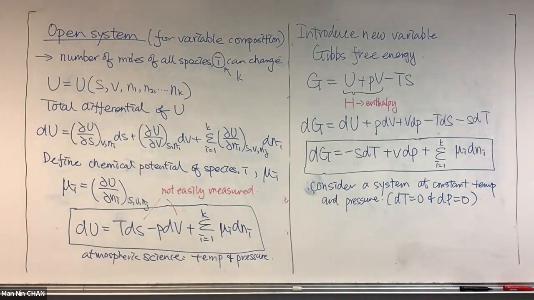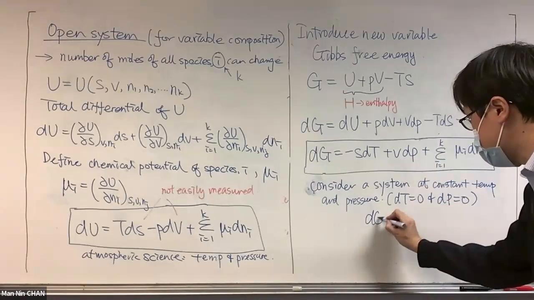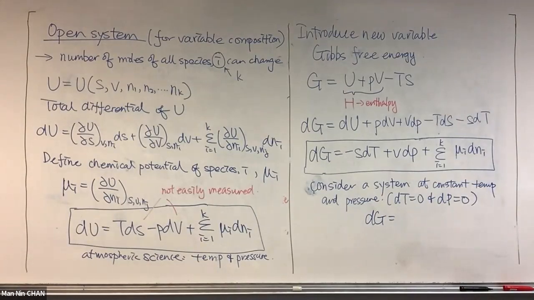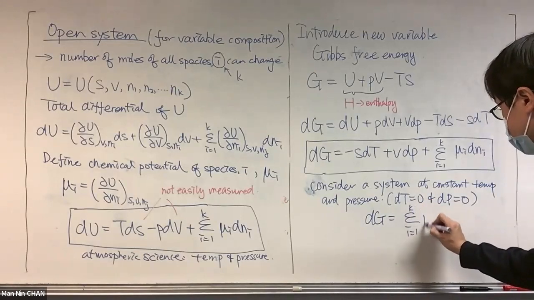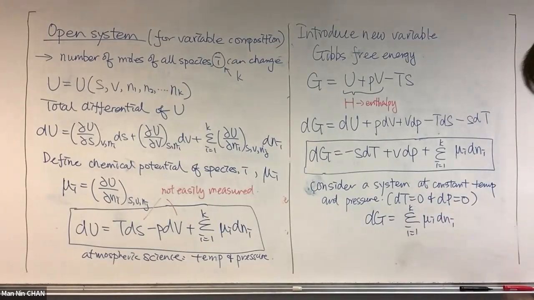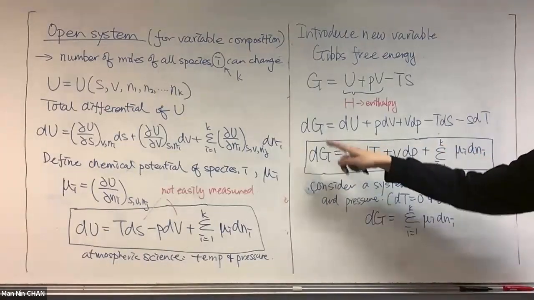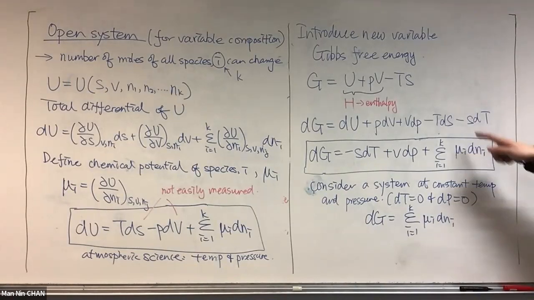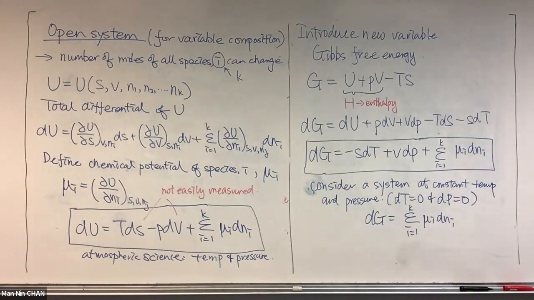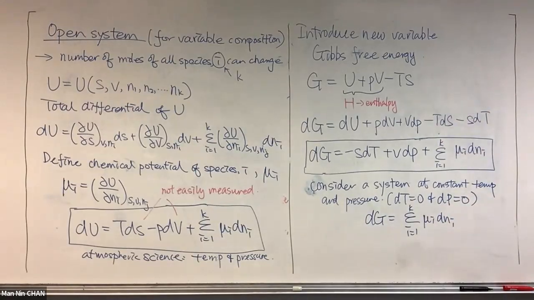Therefore, your equation here will become more simplified: the change in your Gibbs free energy of the system will be just equal to this one, because these two terms become 0. So you only look at how the chemical composition changes, the change in chemical potential, due to the change in the composition of your system.